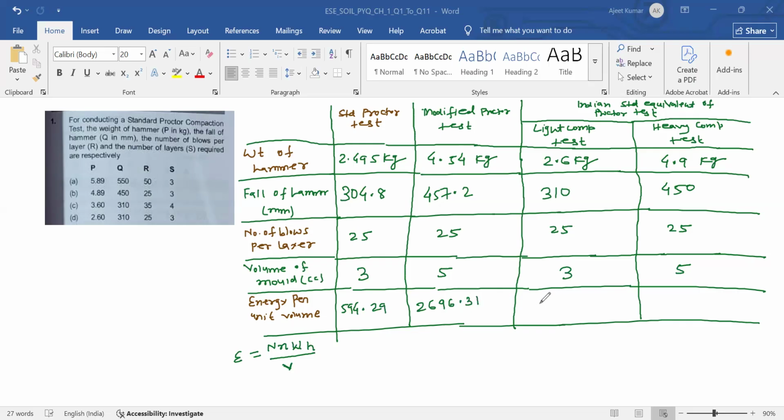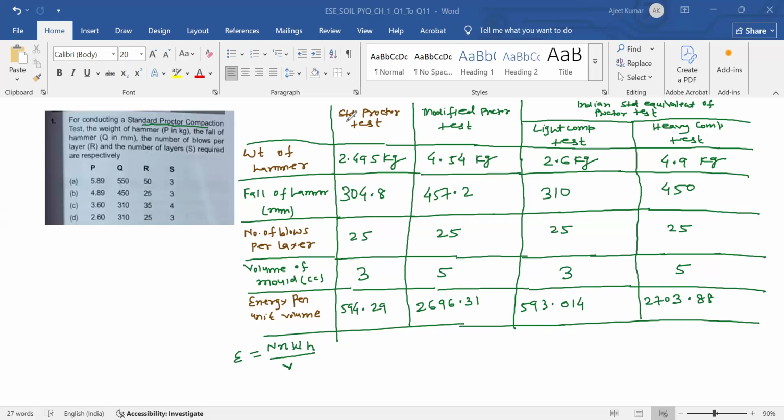And in case of the light compaction test, it will be 593.014. And in case of the heavy compaction test, it will be 2703.88.